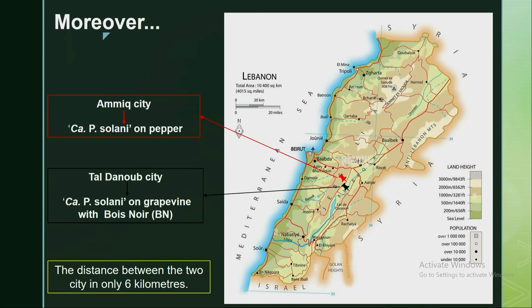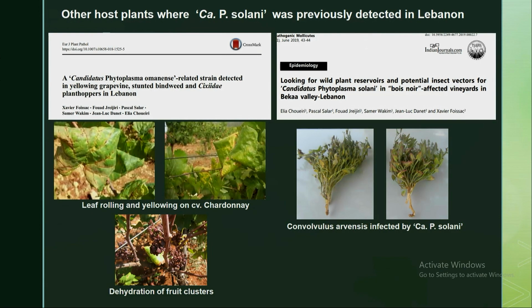The distance between the two cities is only 6 kilometers. So we wanted to characterize the strain that we found on pepper, and we did some analysis on other genes, because in previous studies other host plants were detected in Lebanon, but not pepper.